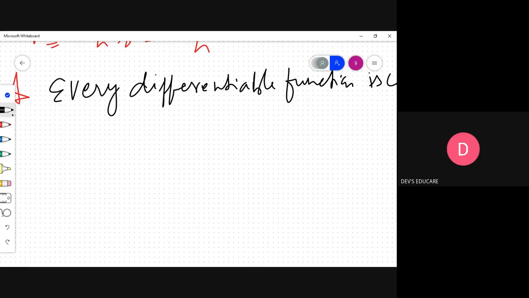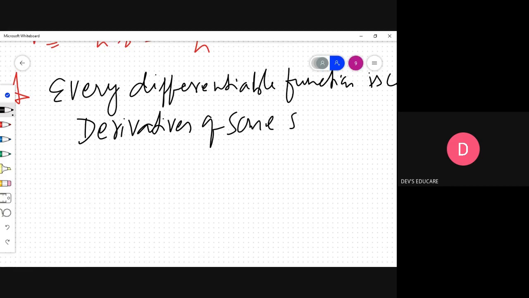So, doing exercise 5.2. Before that, we shall see the derivatives of some standard functions.